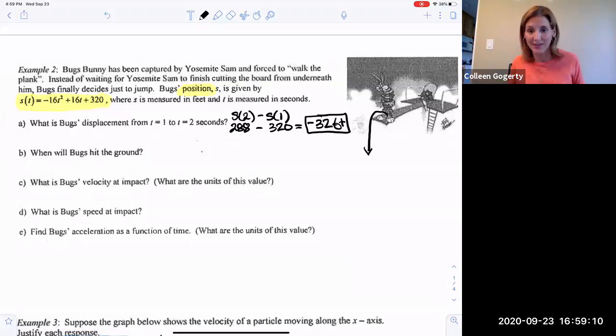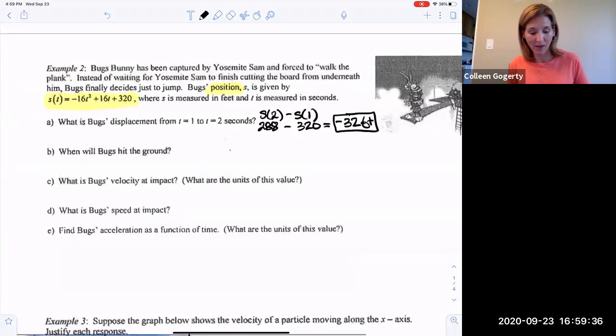What direction is he going? Okay, if you wrote 32 as your displacement, that meant Bugs Bunny, the object, has traveled up, okay? Well, Bugs Bunny has not gone up, he's gone down. So the negative 32 is really important because it's telling me from 1 second to 2 seconds, Bugs Bunny has traveled 32 feet closer to the ground, okay?